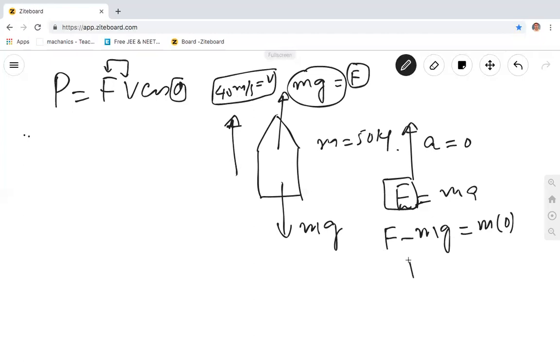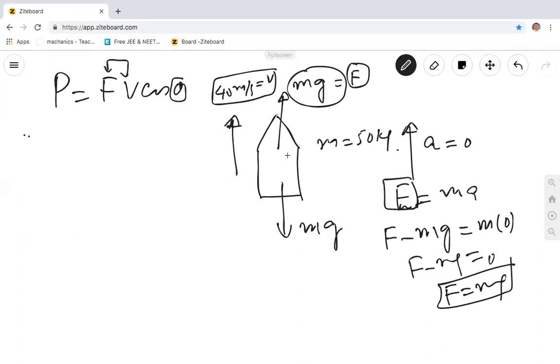So F minus mg is equal to 0, so F is equal to mg. When the rocket moves upward with constant velocity, the net force on it is 0. But you already know mg is downwards, so you have to create an equal amount of force in the upward direction so that it moves upwards with constant velocity. If you create acceleration in the upward direction, this F should be more than this mg, so that there's a net force.